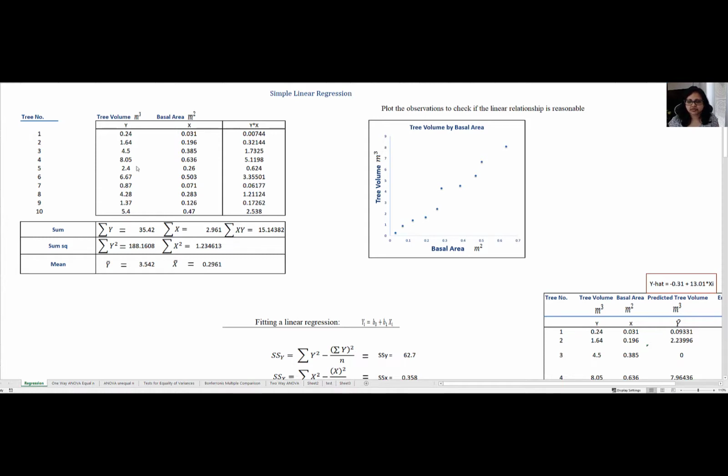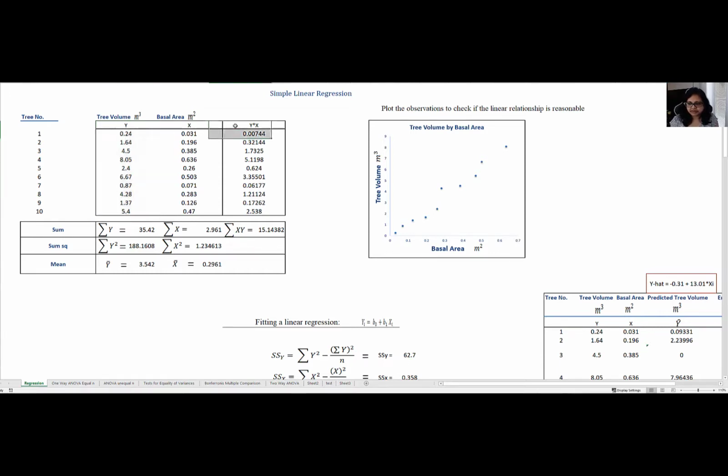So you can see the tree volume data set and the basal area. At first you need to know what your independent and what your dependent variable is. Here, volume is my dependent variable and basal area is my independent variable. That means the volume is what we are going to predict using the regression line that we will be fitting.